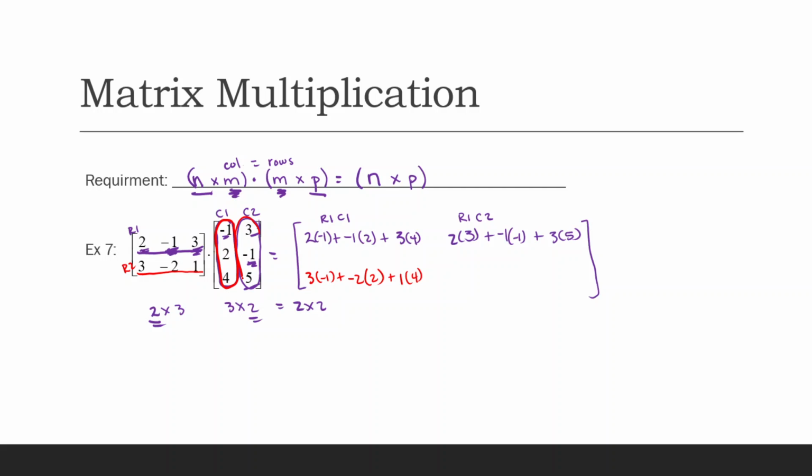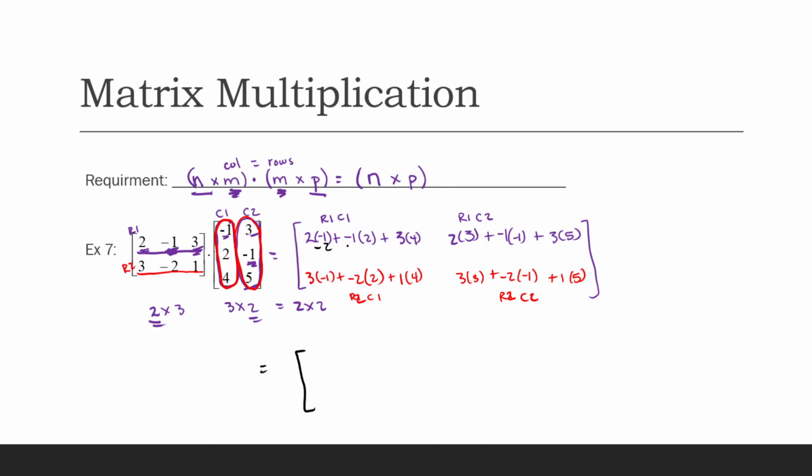And then I'll do it by column 2. I'll do 3 times 3, negative 2 times negative 1, and 1 times 5. And now I do my addition to get my end result.